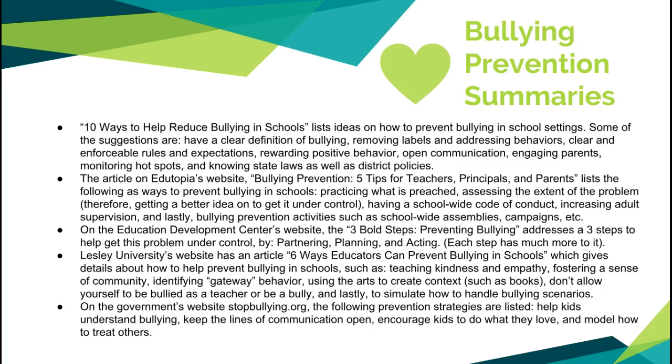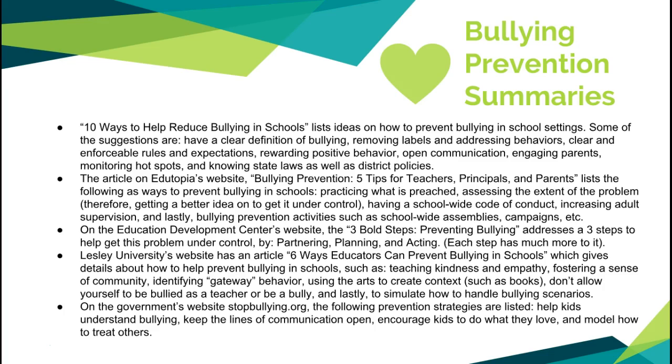And then there were 3 bold steps on the Education Development Center's website. This one was really interesting and had a lot of information on it, but the 3 steps were partnering, planning, and acting, and each of those 3 steps had multiple steps to it as far as what to do to prevent bullying. Basically, they all just talked about kindness, empathy, community.